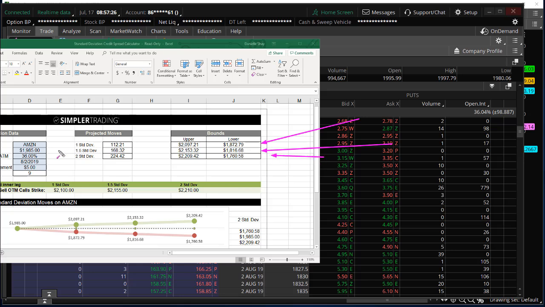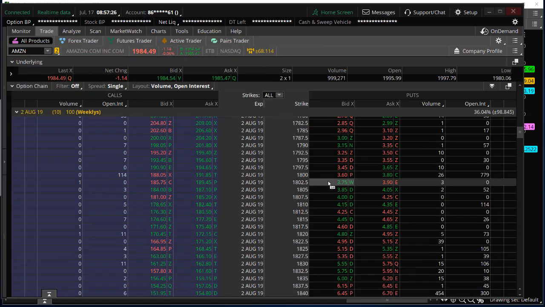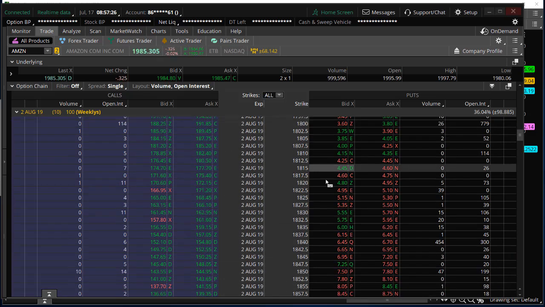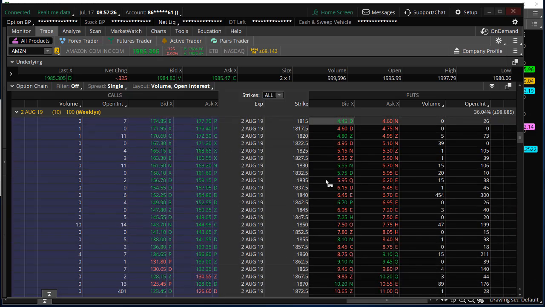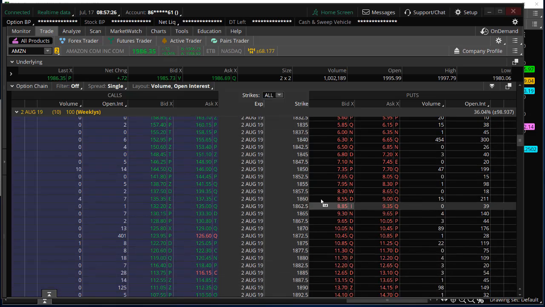Depending on what type of risk reward you want, and what type of market it is, you're going to get the best amount of money out of it if you just do the one standard deviation, but it's also more likely that you're going to have to close out your trade if the market comes near it. So you just have to decide, what is more important to you? Would you rather have more money, or would you rather have less probability it's going to be closed out?